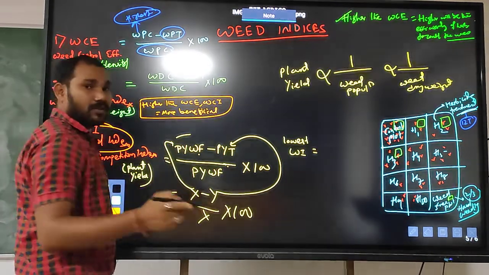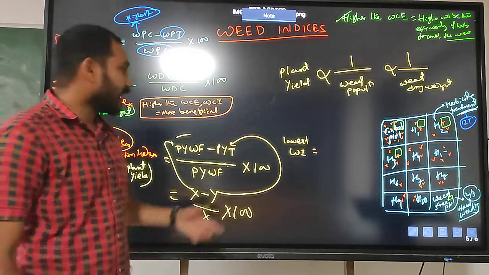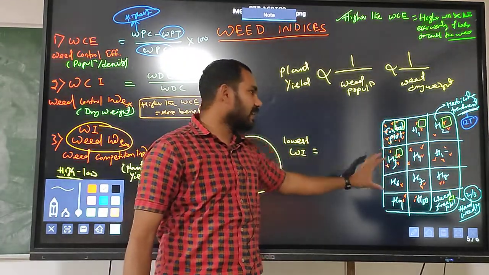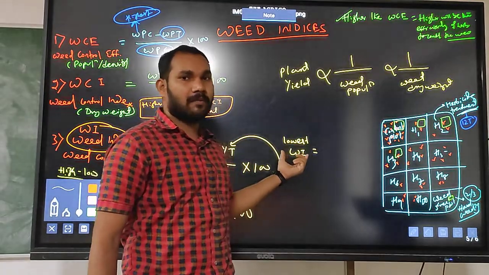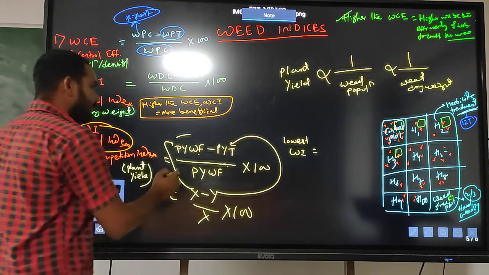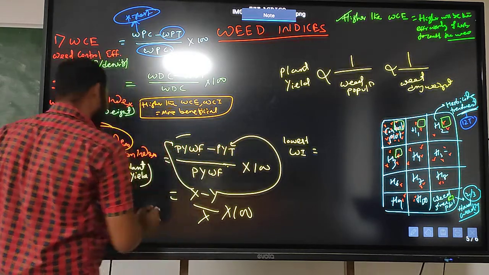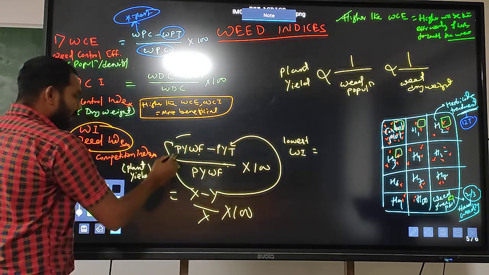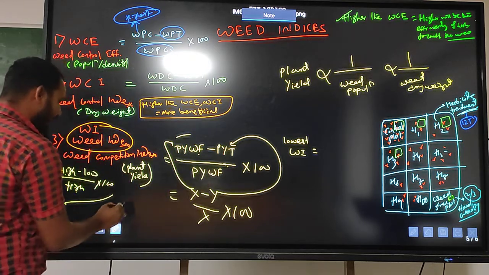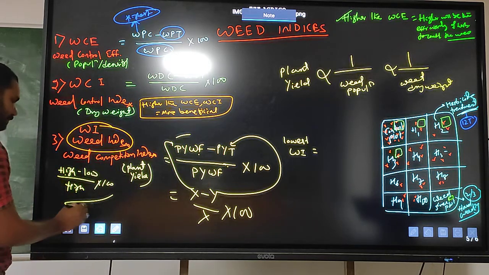You can understand my question. Out of these 12 treatments, in which case will the lowest weed index be found? So what will be the very lowest? Let us see for herbicide 1. For herbicide 1, what will we take?